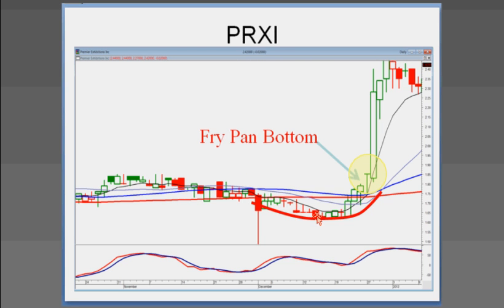We also don't have to be waiting around for this to break out. We can find it, or at least visually see where would be a place to put a buy stop, so that if it came up through that level, we're in the trade and at the right time. We're in at the time that it's breaking out to the upside.